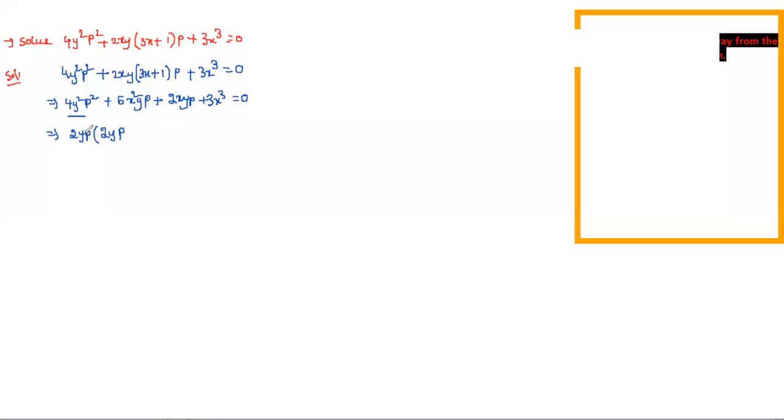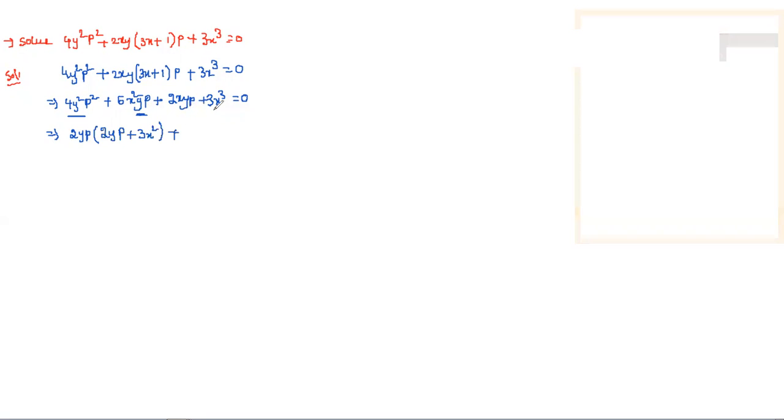Are you getting the same or not? 2 into 2, 4, y square and P square plus, and here it is yP, already we took common. So 2yP I took common. And what about the remaining? 3x square. So this is the remaining one. And now coming to this, here what can we take common in that? You can take x as common.